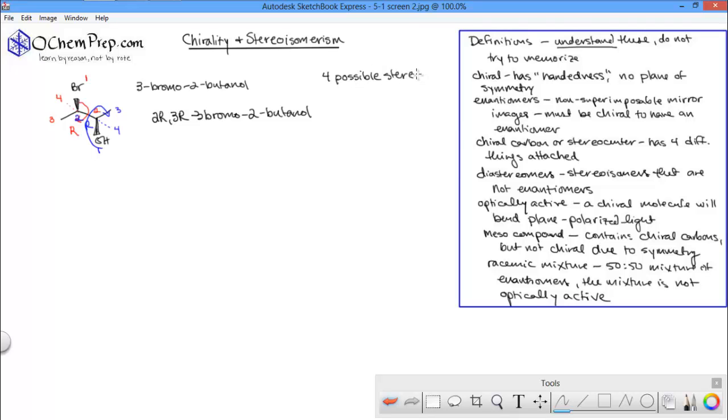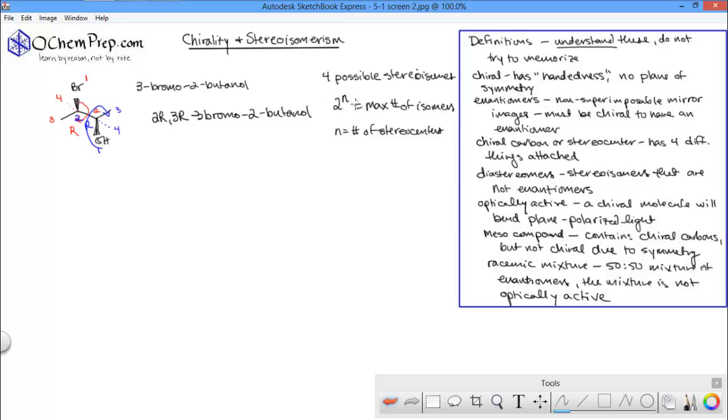That comes from the fact that you have 2 things taken 2 ways. So 2 to the n, where n is equal to the number of stereocenters or chiral carbons, will be equal to the maximum number of stereoisomers.